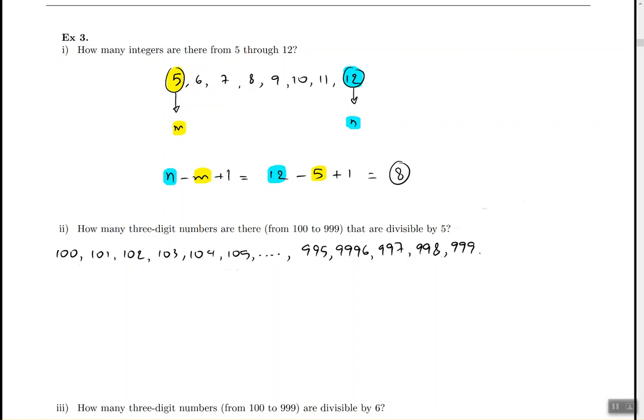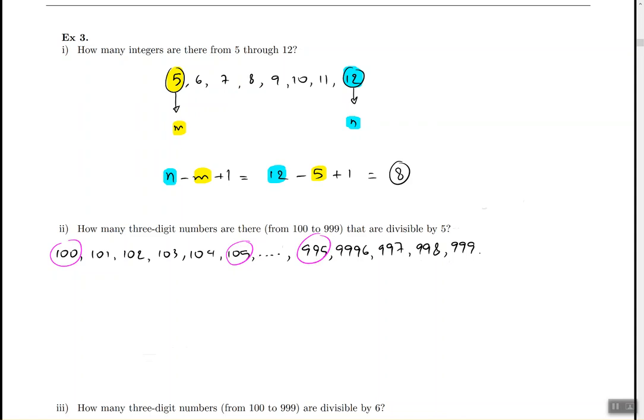What I'm going to do at this point is select the numbers from the list that can be divided by 5. I know what they look like: they have to end with a 0 or a 5. So 100 is definitely divisible by 5, and 105 definitely can because it ends with a 5. There are numbers in between, like 110, 115, and so on, but the last one is going to be 995. That's the last one that can be divided by 5.